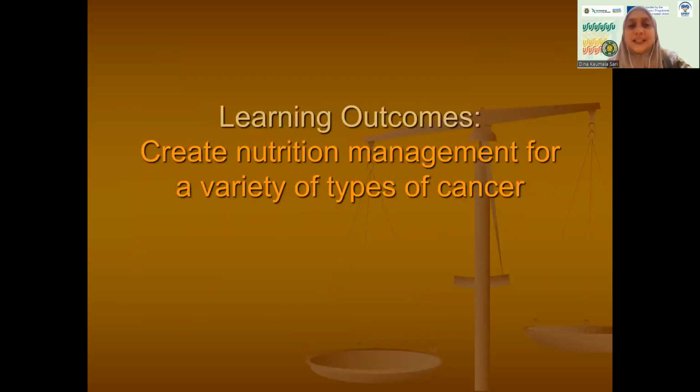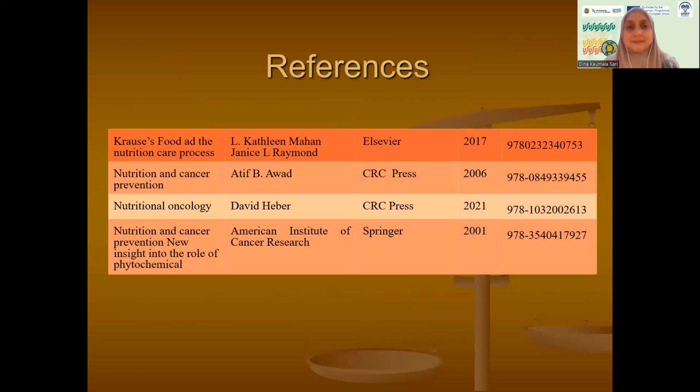For learning outcomes in this meeting, in the lifelong learning courses, we will create nutrition management for a variety of types of cancer. But in this topic, we will talk about how to calculate for cancer patients in general.